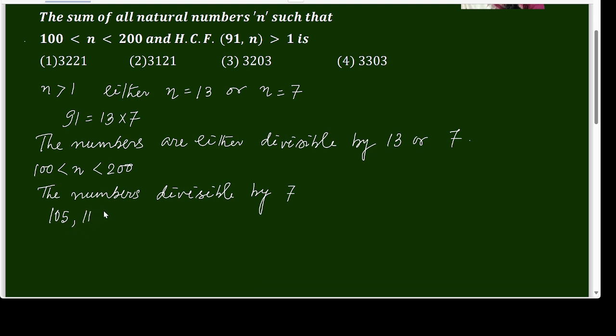Next is 112, and so on, 119, and you will see the last number will be 196, which is less than 200. So how many numbers are there? Here n equals 14.